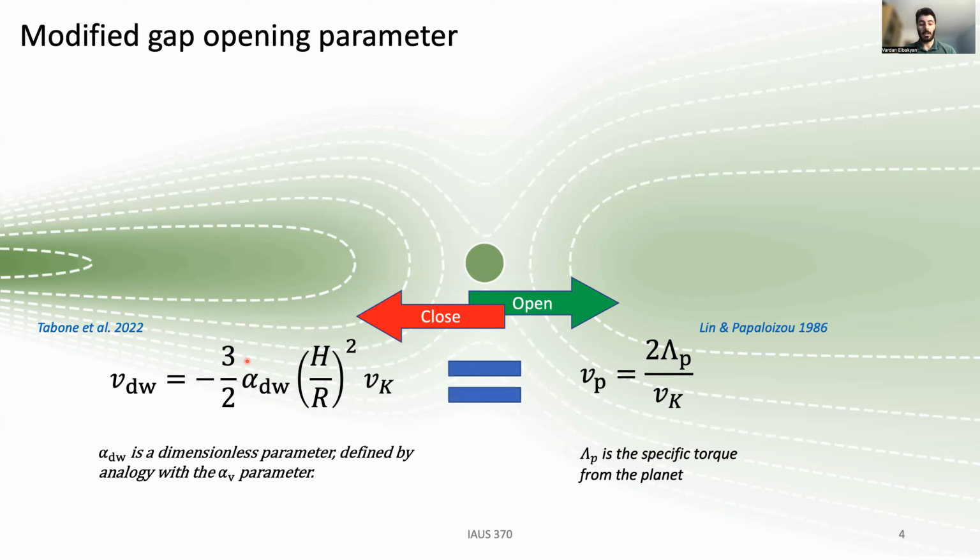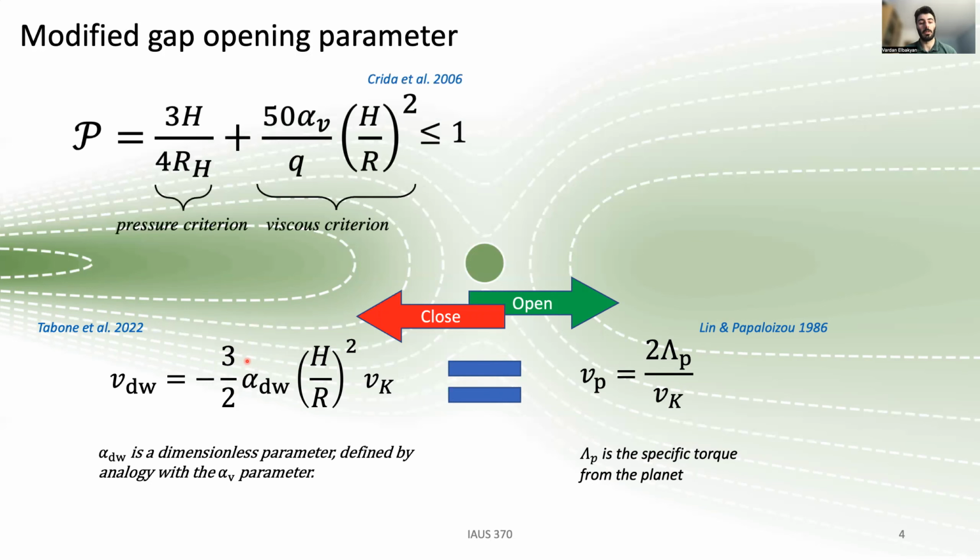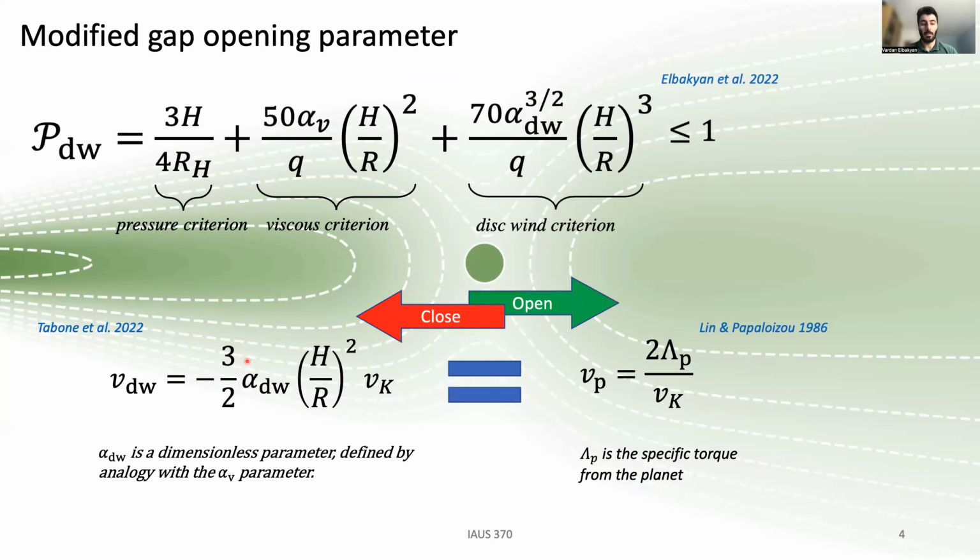And if we equate these two velocities of opening and closing the gap, then we will get, instead of the classical condition for gap opening, the modified one, which, as you can see here, has another term because of the disk wind present.